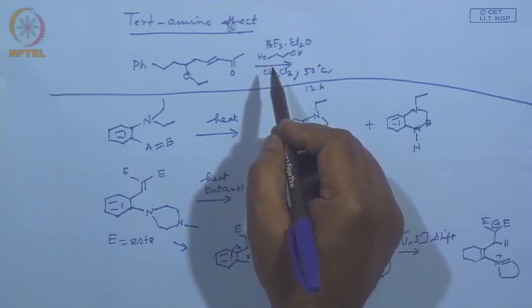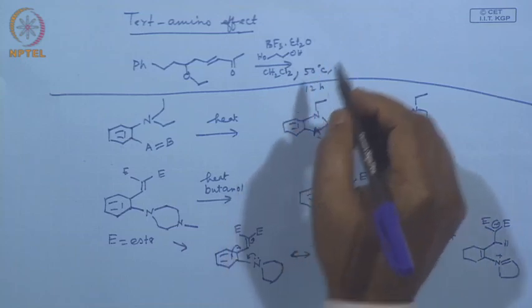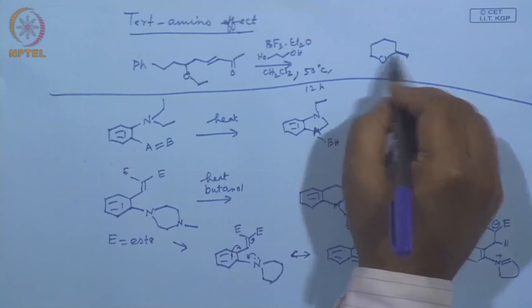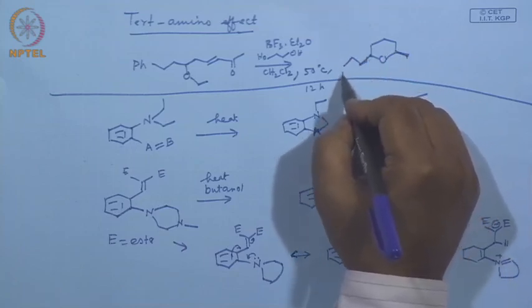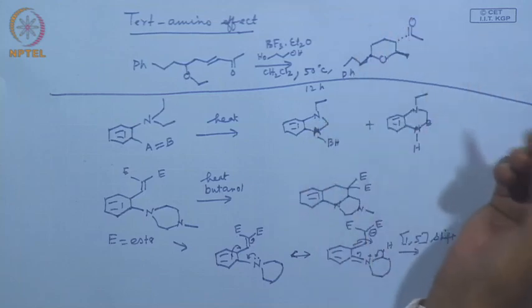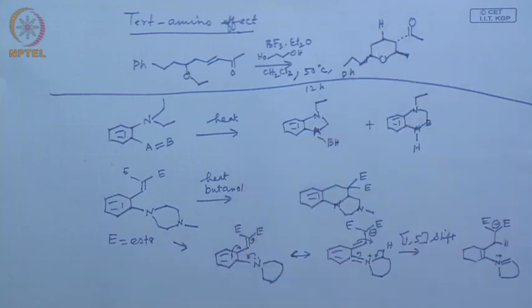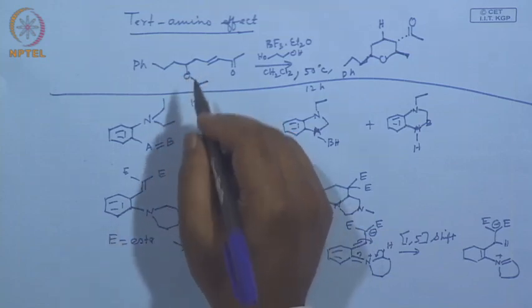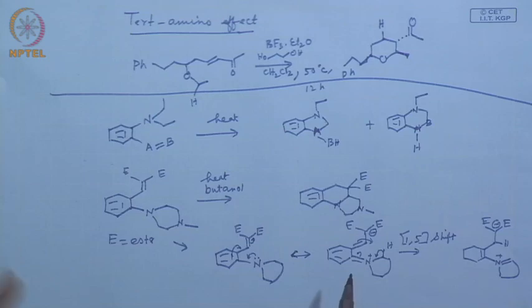Someone probably tried to do so, but eventually the product they could get is a pyran derivative with nice stereoselectivity, which is this, and this is the carbonyl here. This indicated hydrogen has been shifted from where? This hydrogen. So it is a secondary oxygen effect, you can say; that was the tertiary amino effect and this is the secondary ether effect.